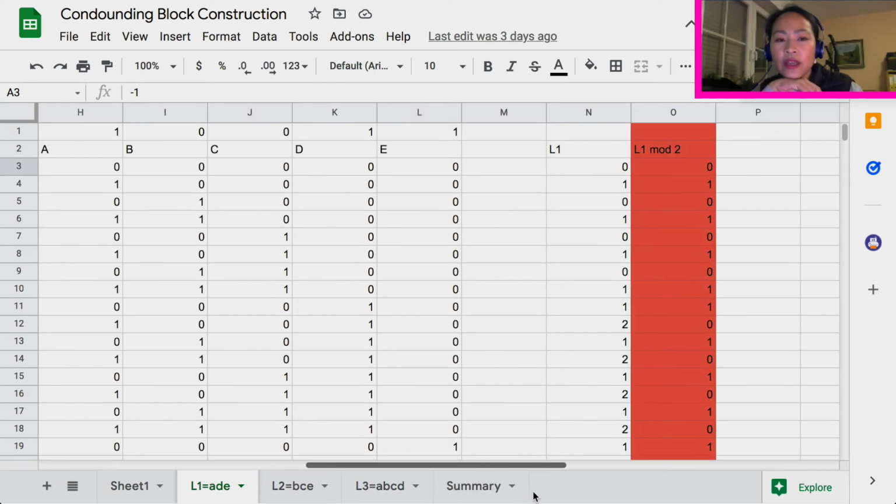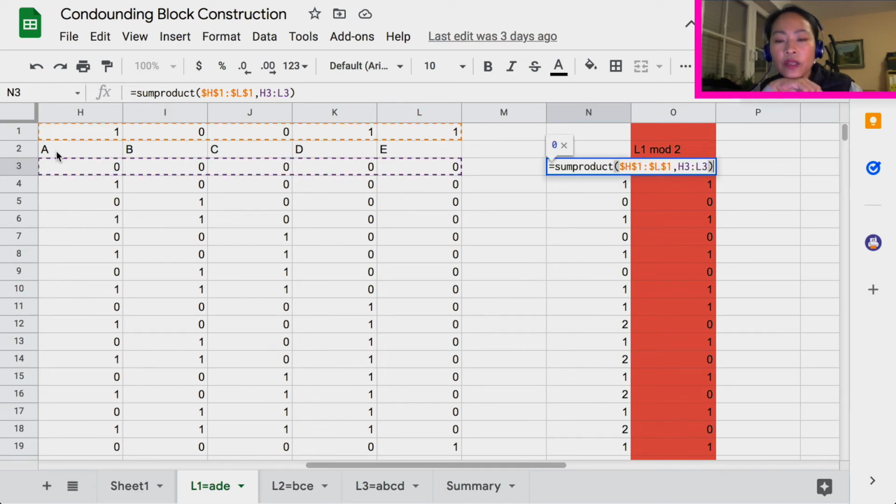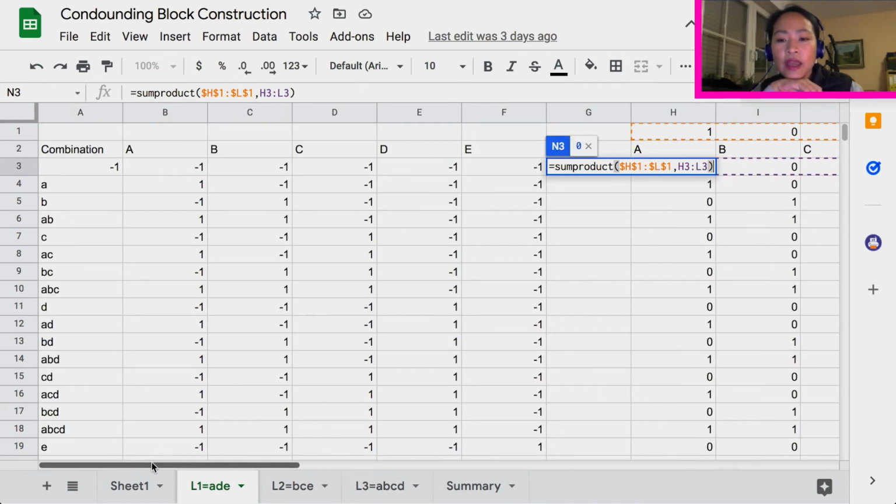And this would be the value of the defining contrast for each of these combinations. This is just equal to the sum product of the zeros and ones and the plus and minuses for each treatment combination.